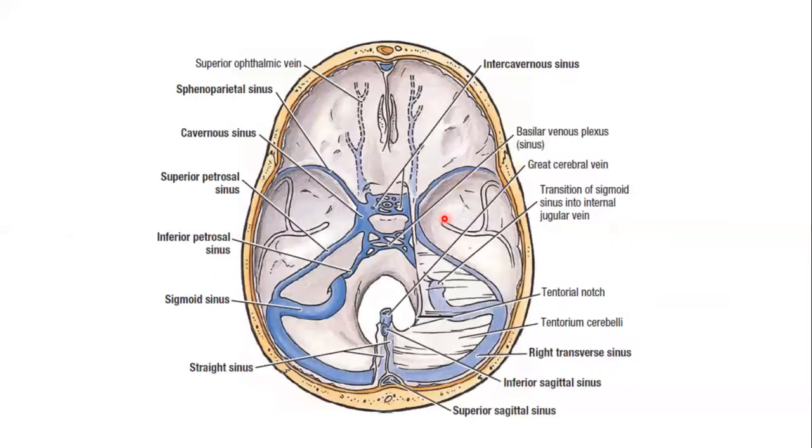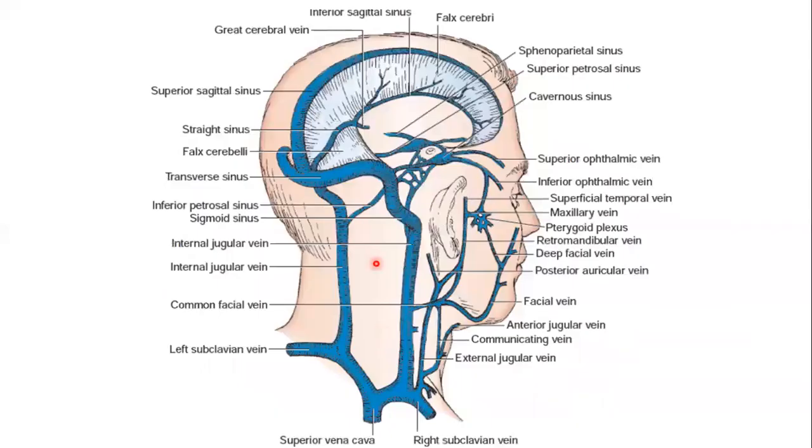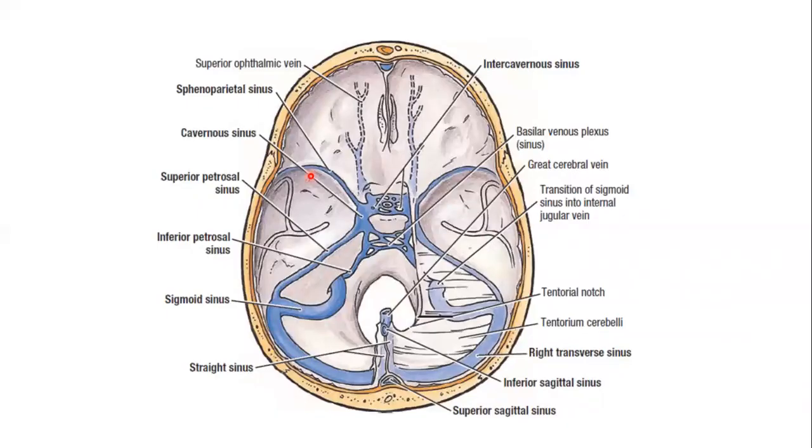Another point to identify is the great cerebral vein. It joins the inferior sagittal sinus, and together they form the straight sinus. It comes into the confluence, and the confluence continues, draining to both sides, right and left, as the transverse sinuses.